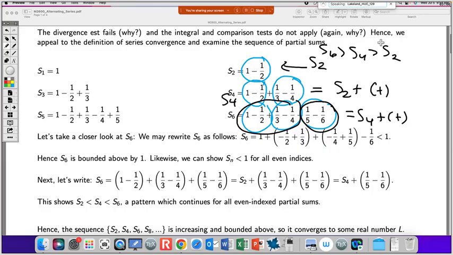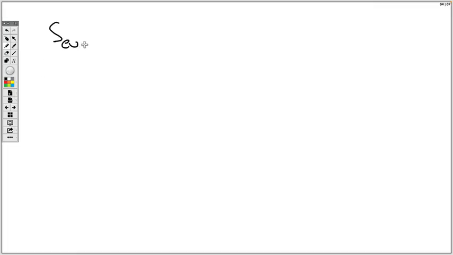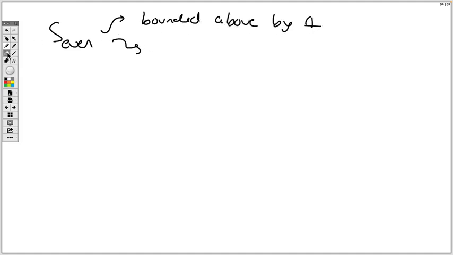And you can continue this pattern to get that all of the even partial sums are also increasing. You with me or not? So the even partial sums, they are bounded above by 1, and they are increasing.